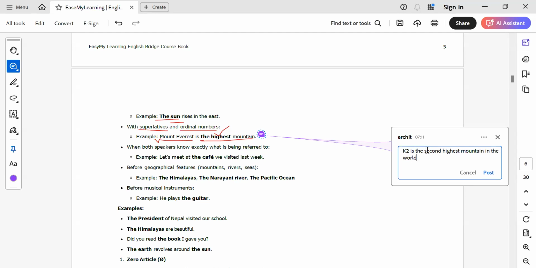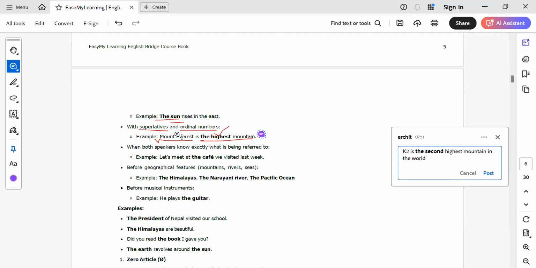Here we are referring not to the best, but the second best, right? But still, we are saying the second highest mountain because even for coming second, there can only be one second. Or if there are two tied second, then we'll say, suppose person A and person B were the second highest scorers, here also we use the because there's only one second position.